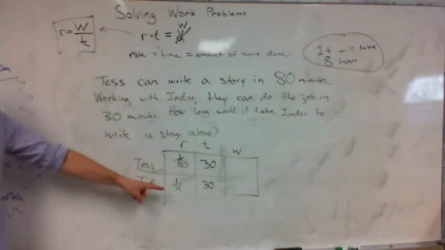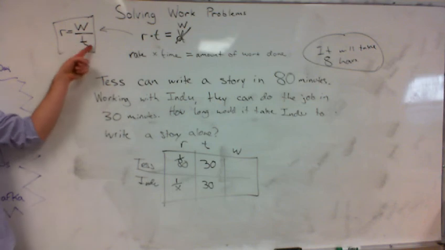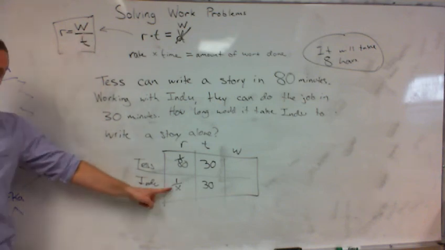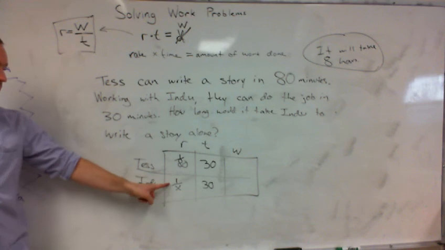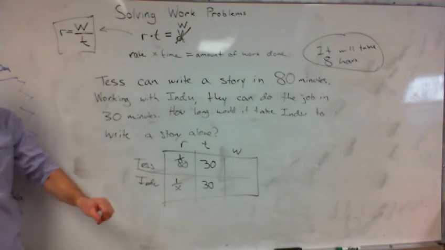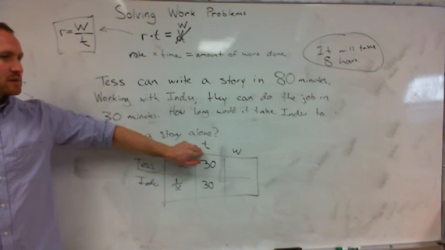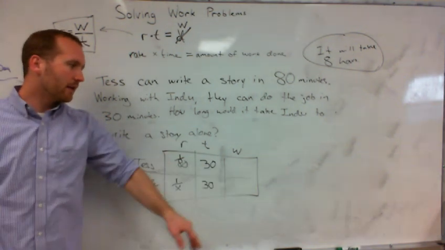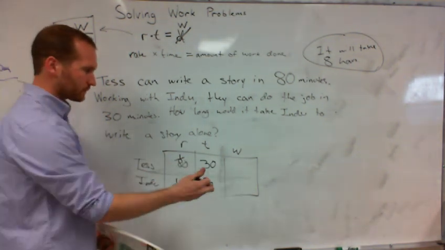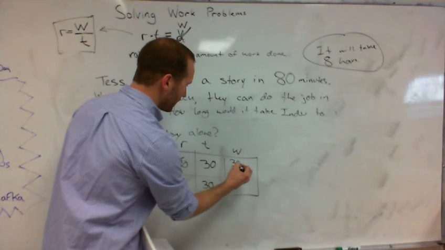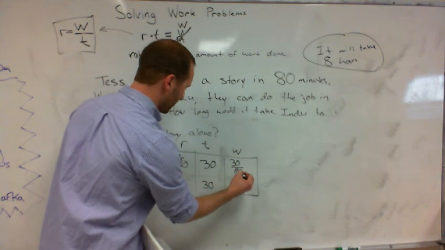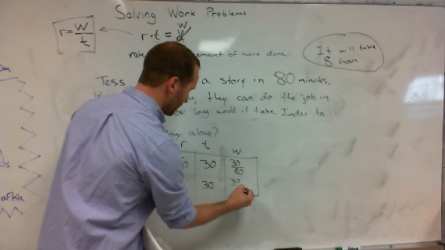But remember, it's this time down here that's x. What we really don't know is how long Indu takes to do something, and that's her rate. So we put the x in the rate column. Time together, we do know that's 30 minutes. And then the amount of work done, just multiply through: 30 over 80 and 30 over x.